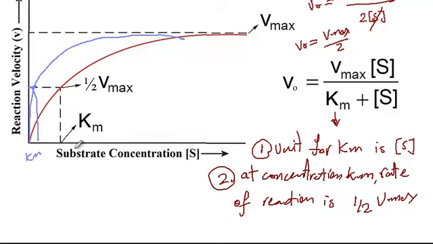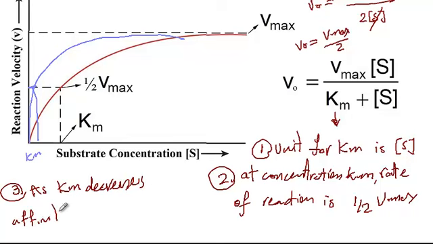So number 3 concept, as Km decreases, the affinity of enzyme for substrate increases. And the reverse concept also applies. As Km increases, there is a decrease in affinity of the enzyme for the substrate.